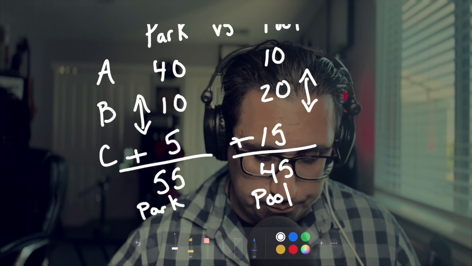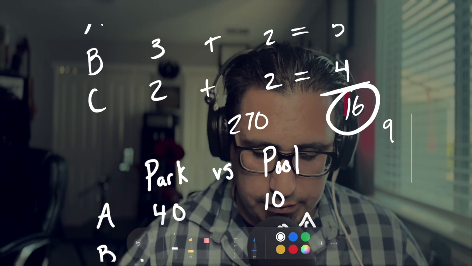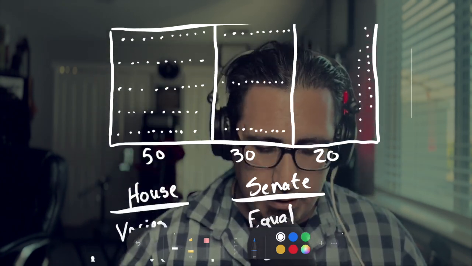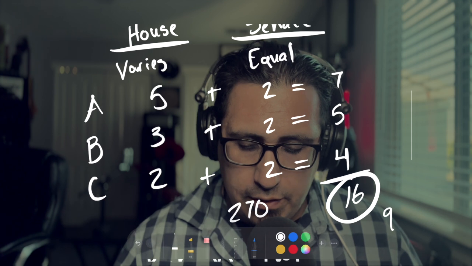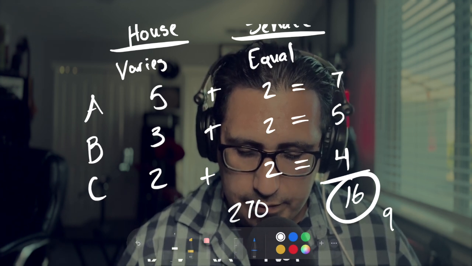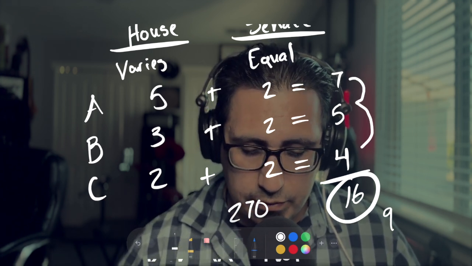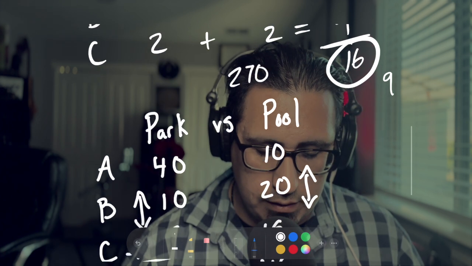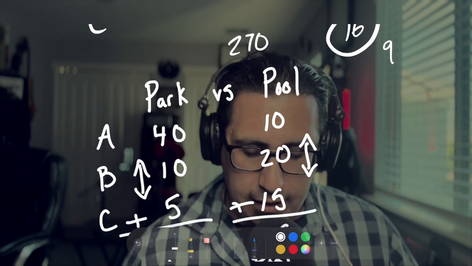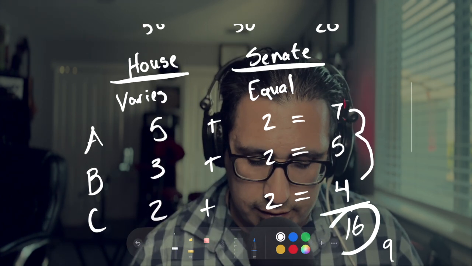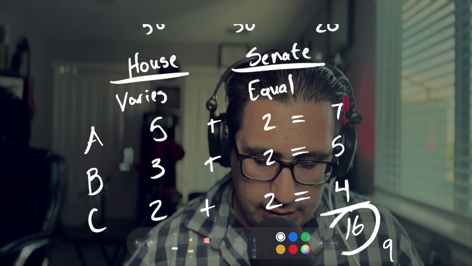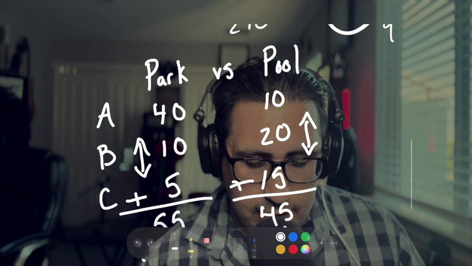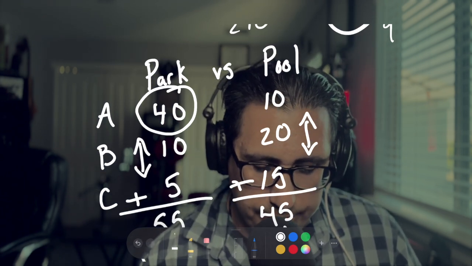Not exactly. So now if we go back to the Electoral College, we have to go by this number of votes. They're going to translate to that. Block A has a total of 7 votes up for grabs. So Block A, the park won.